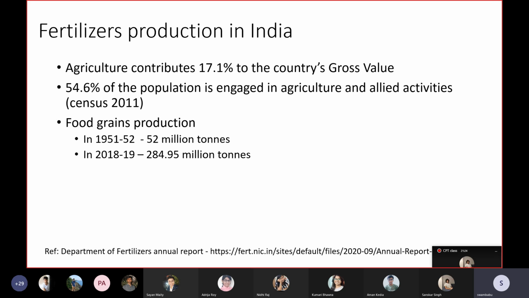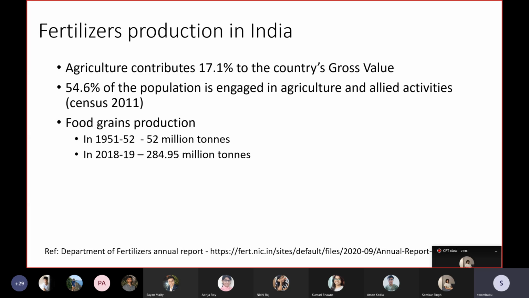Recently, in 2018-2019, which is the only data available on the Department of Fertilizers, Government of India website, 284.95 million tons of food grains were produced across the country.